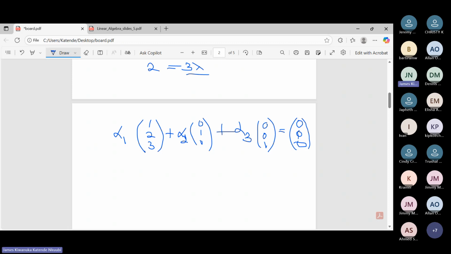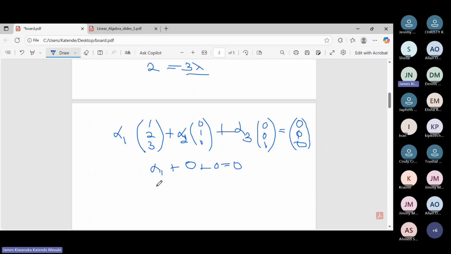So this means you can set up linear equations. You have alpha 1 multiplied by this one. I'm picking the first row. So I will have alpha 1 plus alpha 2 times 0 gives me 0, and alpha 3 times 0 also gives me 0. Using the first entries in each vector, I can create this equation.